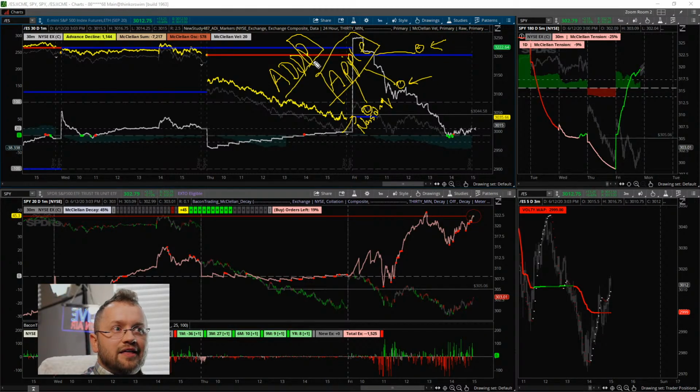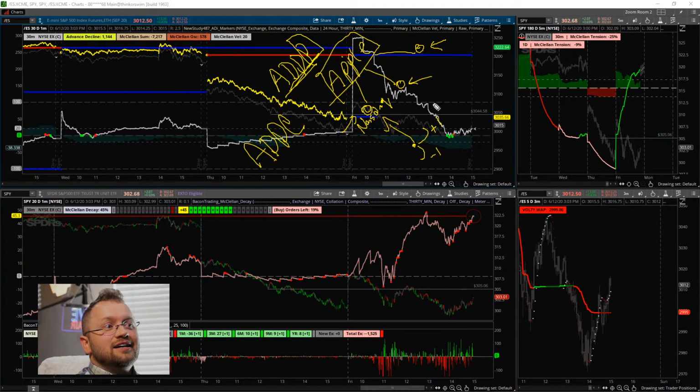And so when you look at the primary only, it only considers if this is above its previous day's close, so +1, or below it, and that would be negative. With the composite, the ADDC, it's looking at all of the exchanges each one trades on, and it will take those into consideration.